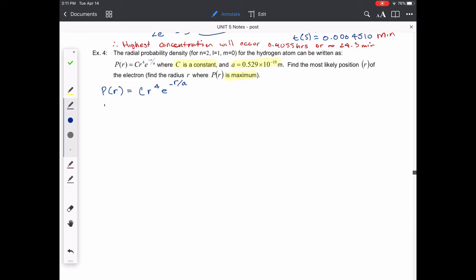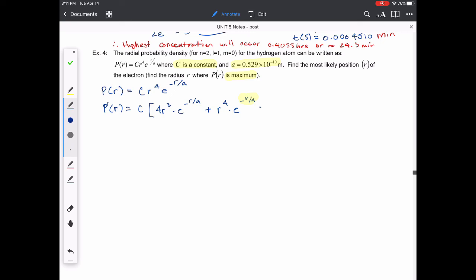So if I do P prime of R, we have our constant, which we're going to take out. The derivative of R to the exponent 4 is 4R cubed times the second part, plus we have R to the exponent 4 times the derivative of the exponential with base e, which is itself, times the derivative of the exponent, times the derivative of this part here.